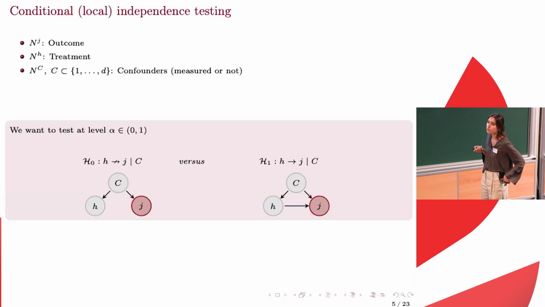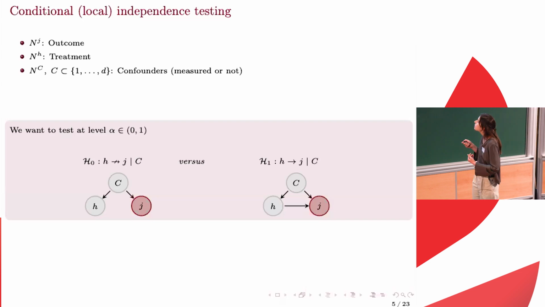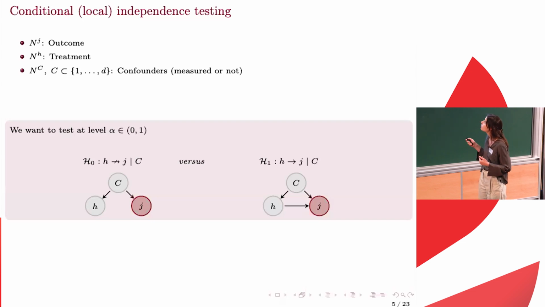To be able to test whether there exists an edge or not in my graph, I want to test at a particular level alpha whether H has an effect on my outcome given my confounders versus the alternative. You can see that here we will not have an edge, whereas here we will.